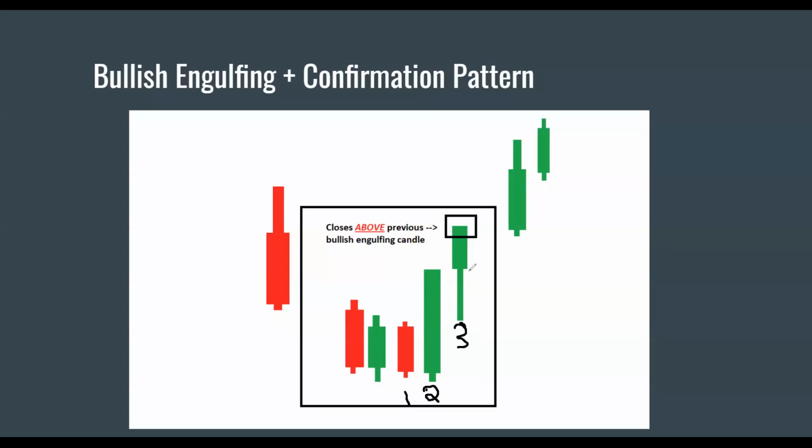Why is it bullish engulfing confirmed? Let's make it pink.